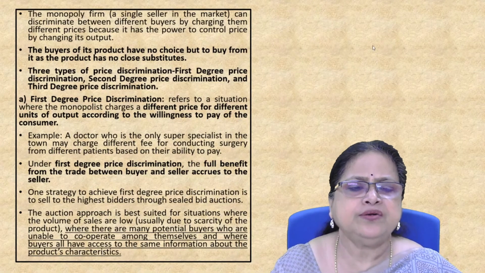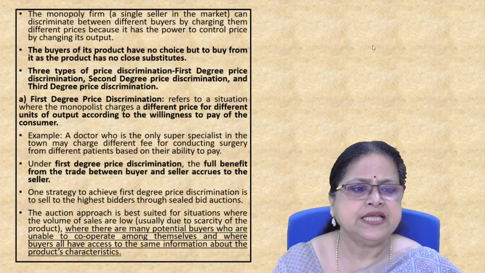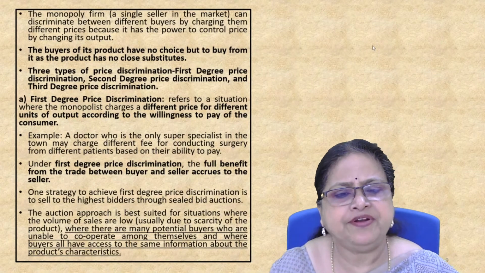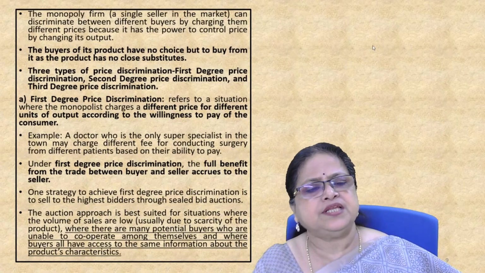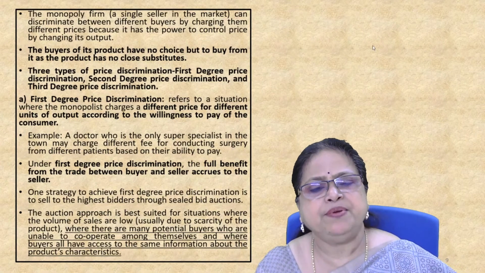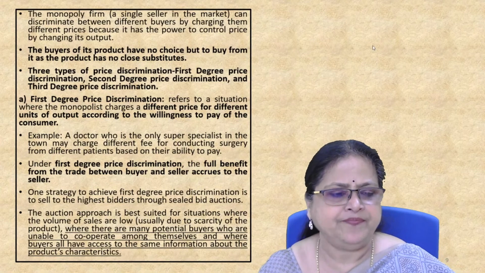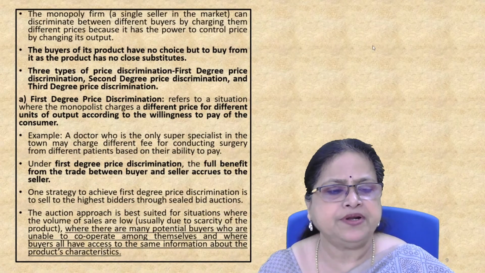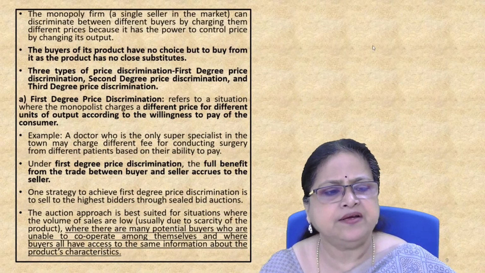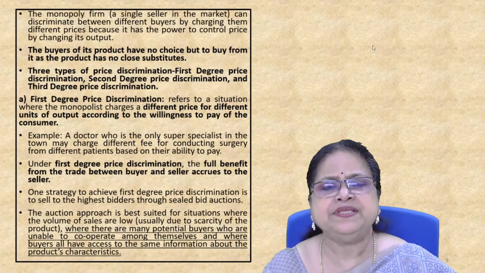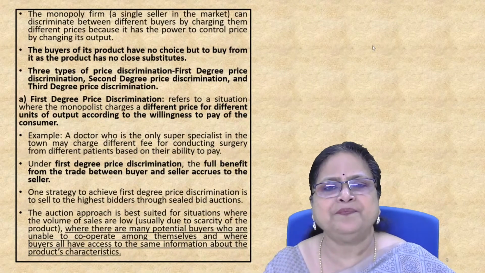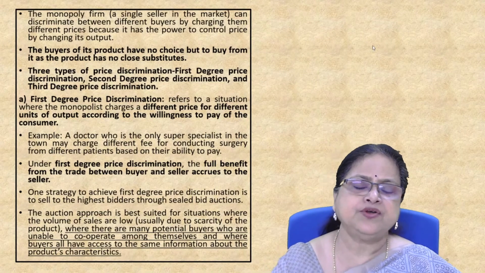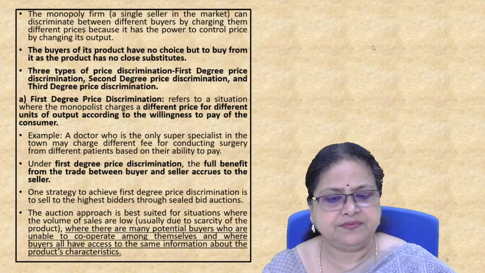Example: a doctor who is the only super specialist in a town may charge a different fee for conducting surgery from different patients based on their ability to pay. Under first degree price discrimination, the full benefit from the trade between buyer and seller accrues to the seller. That means the consumer surplus is completely wiped out.